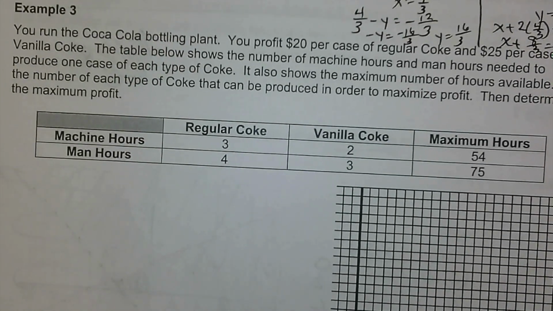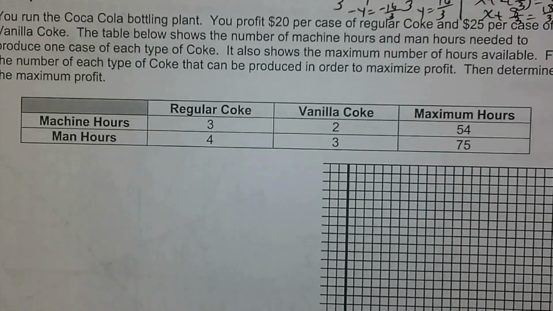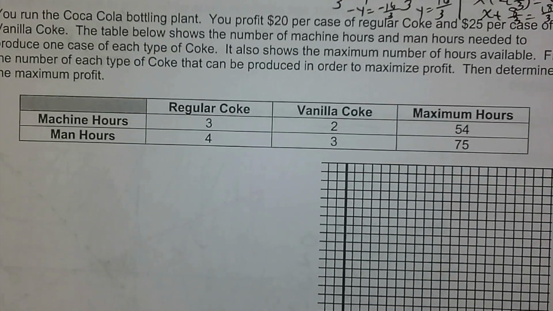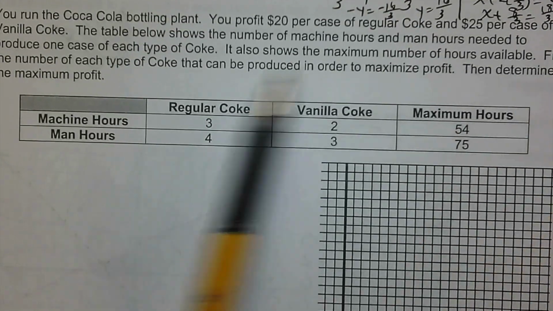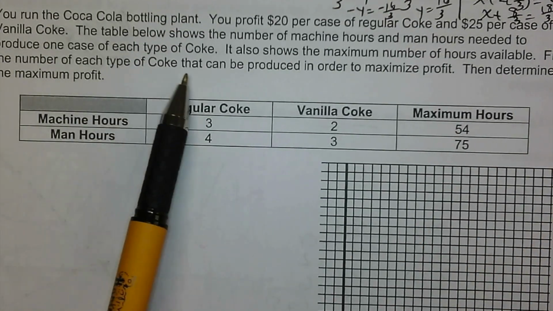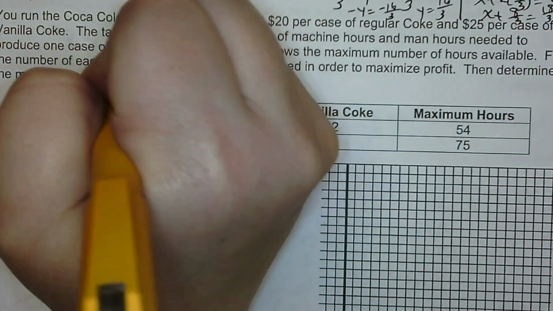Okay, example 3, this is kind of the big deal. They don't give you anything here. They're not giving you inequalities. They're not giving you a picture. We got to do it all. So let's define variables first. Find the number of each type of Coke. So I'm going to write it up here.